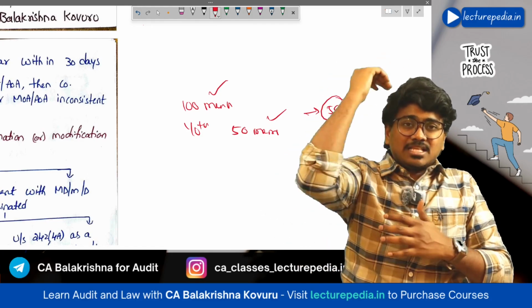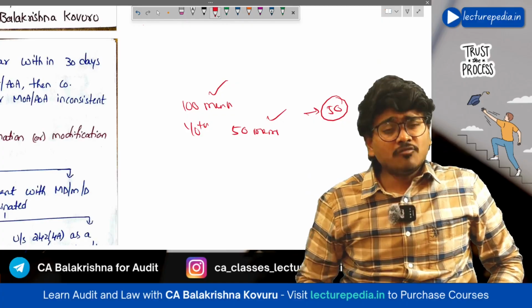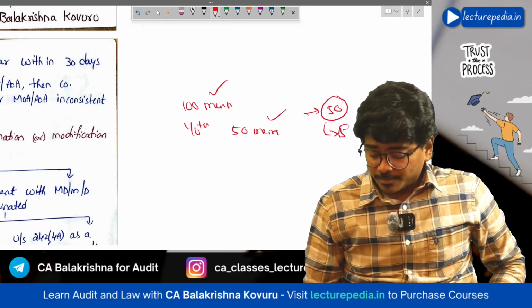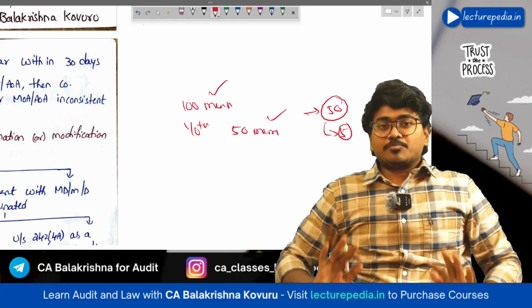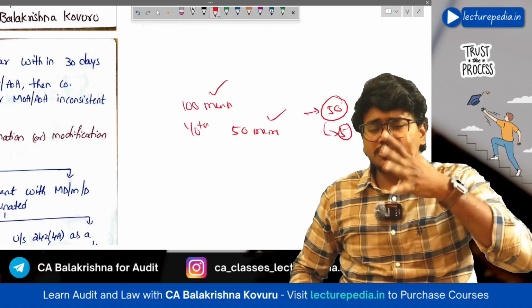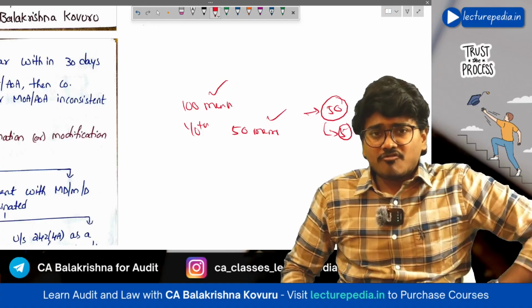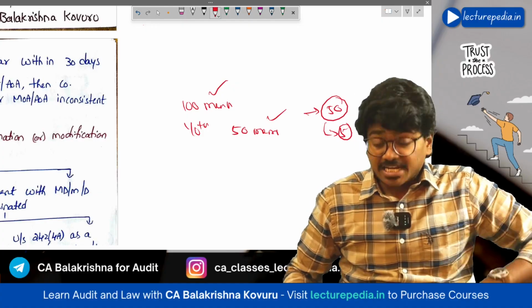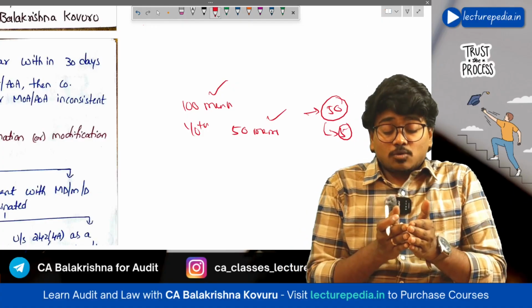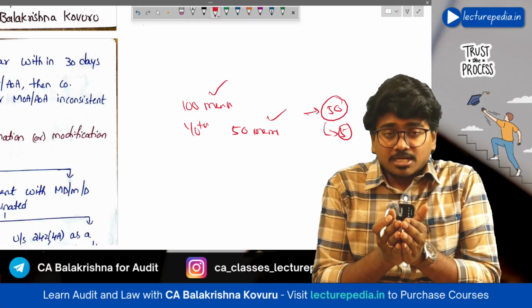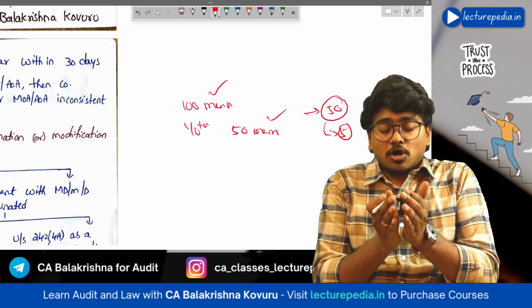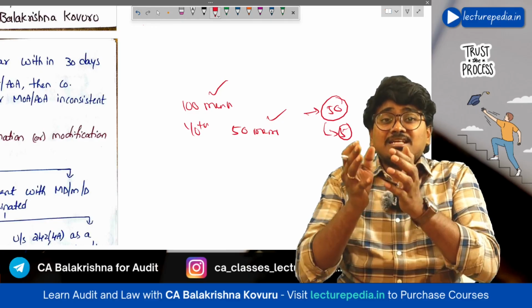Now after filing the application, of these 50 members, some 5 members have withdrawn their support for the application. In this situation, will the application that has already been filed be valid or invalid? The answer is it will be valid, because the requirement of the number of members has to be reckoned at the time of filing the application.